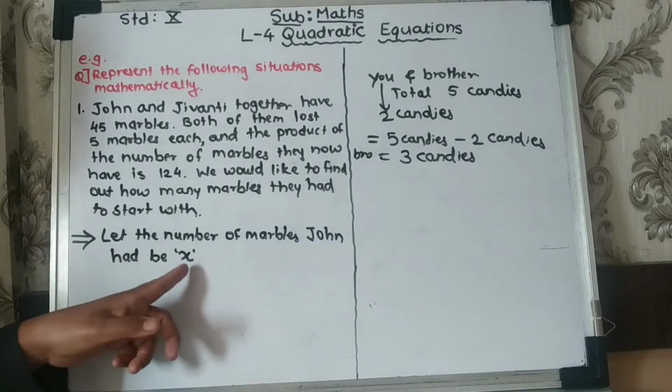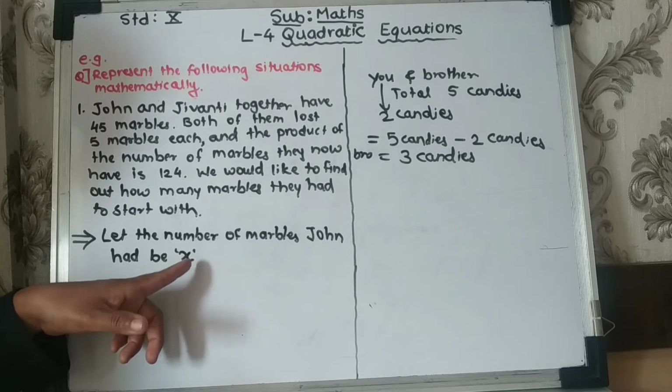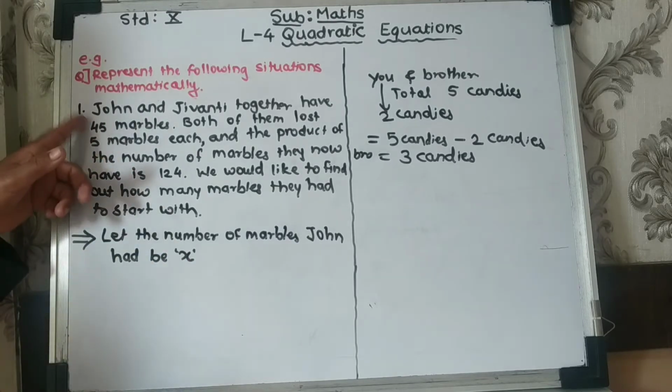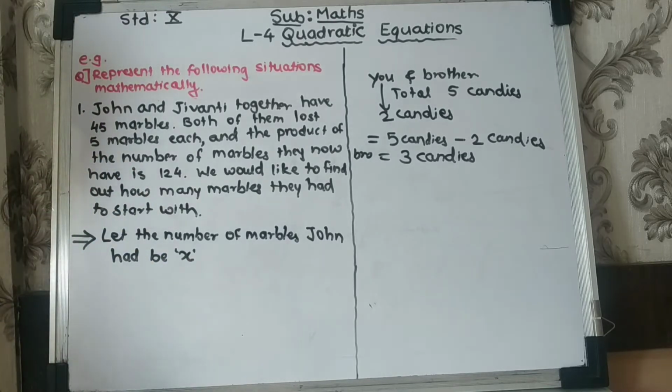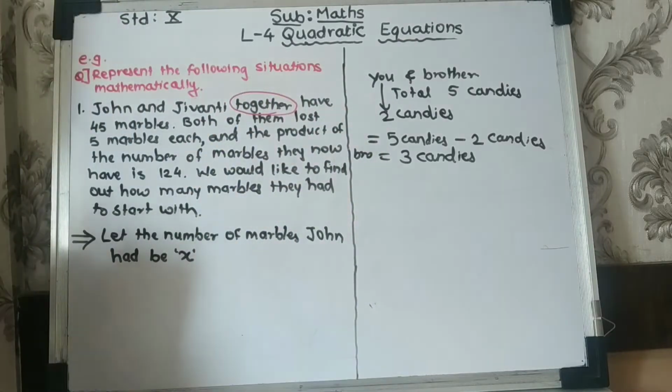Now assume that this is like this only, right? So if John had x marbles, then what about Jeevanti? Together means total, right? Total they have 45 marbles.